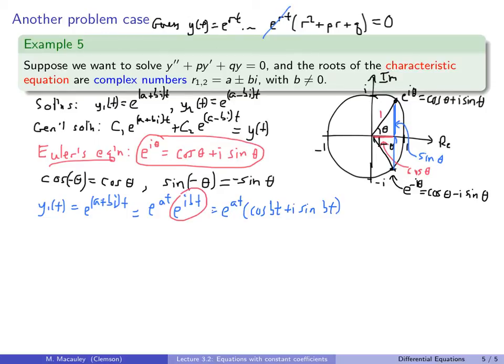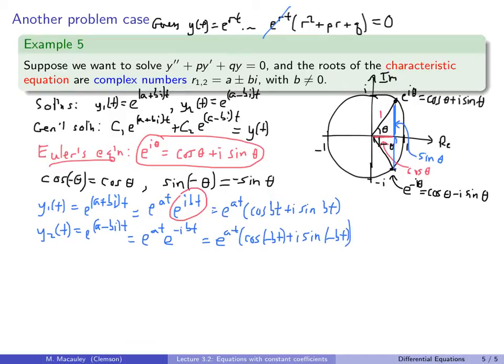Okay, and then y2 of t is e to the a minus bi times t, and that is e to the at times e to the negative i bt, which is e to the at times cosine of negative bt plus i sine of negative bt.